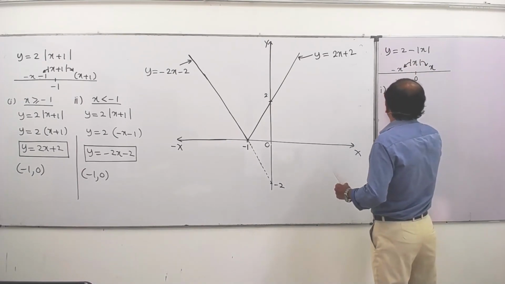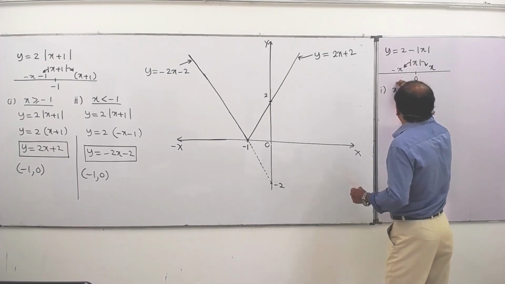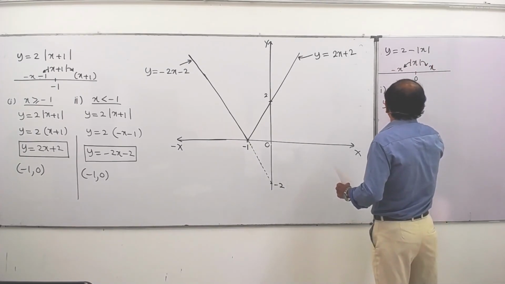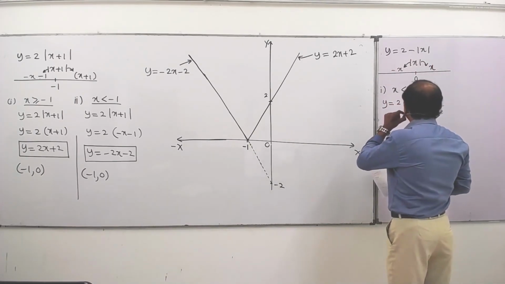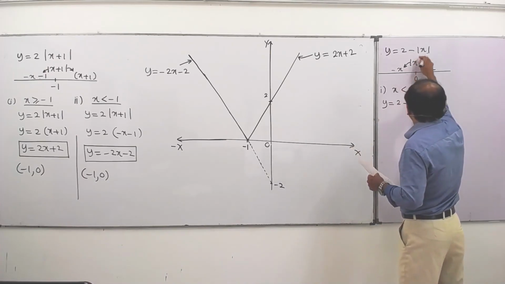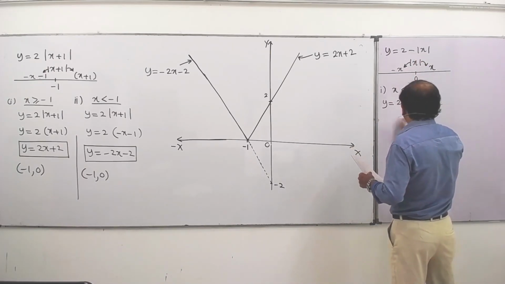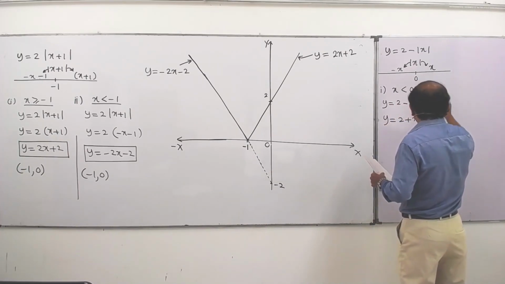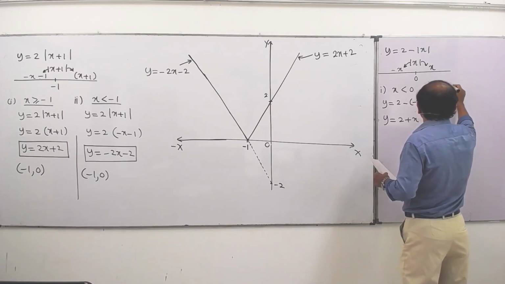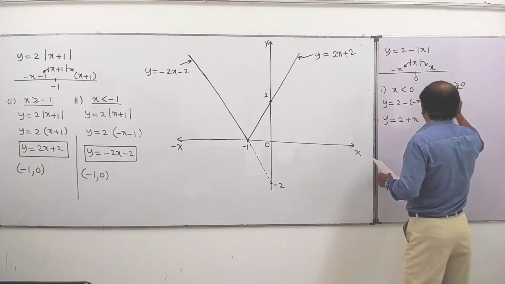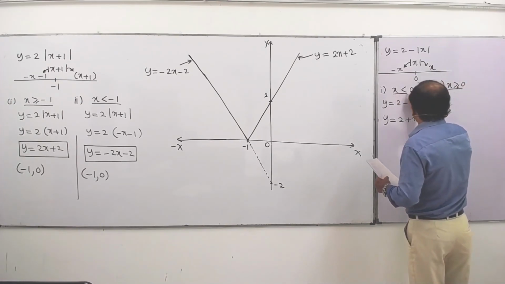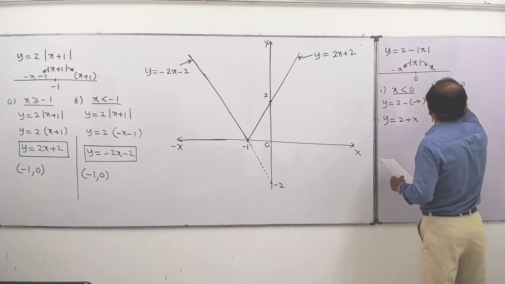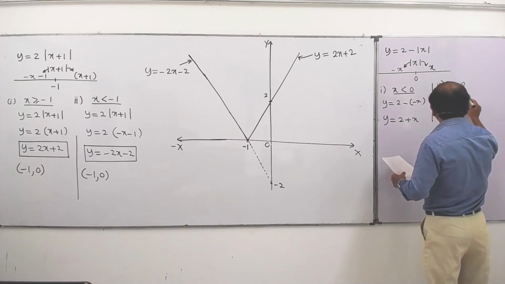Then first, when x is less than 0, y equals 2 minus mod x, on the left of 0 is minus x, so we get y equals 2 plus x. Secondly, in the x greater than or equal to 0 range, y equals 2 minus x.